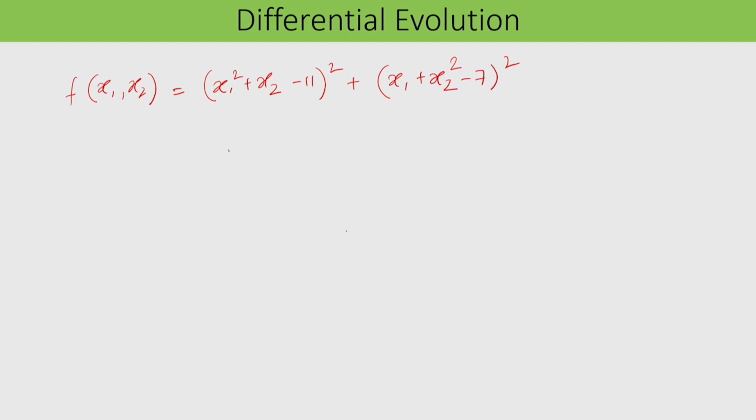If I take the range of x1 and x2 between 0 and 5, x1 star equal to 3 and x2 star equal to 2, I should get this particular solution. So, let us see if I apply DE, whether I will get the solution or not.